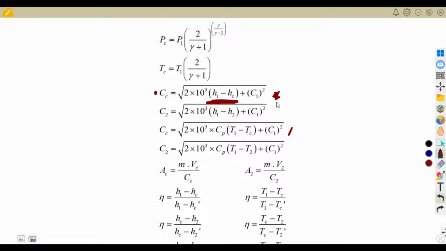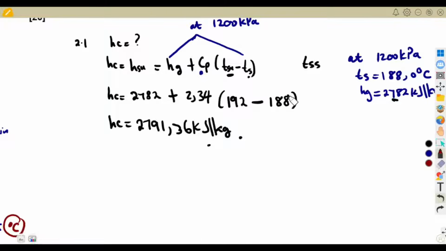Like I said, I want you to be used to your formula sheet. In order to calculate the velocity, which was the second question, we take this formula. The velocity is given as the square root of 2 times 10 to the exponent of 3 into h1 minus hc, plus c1 squared.